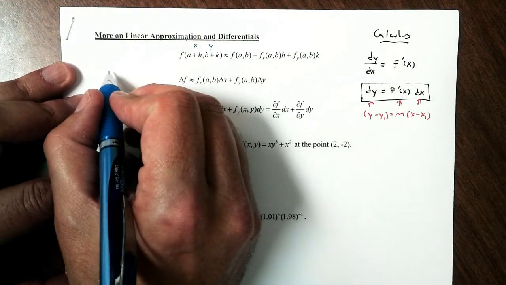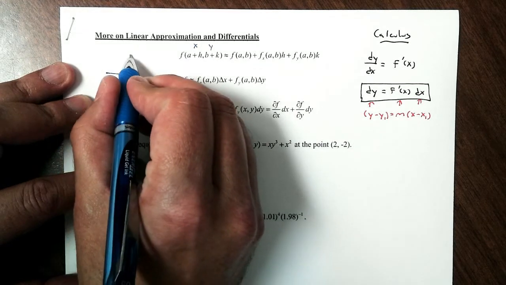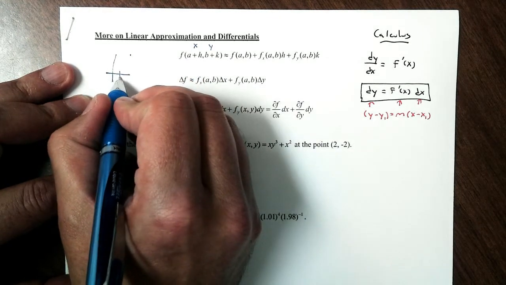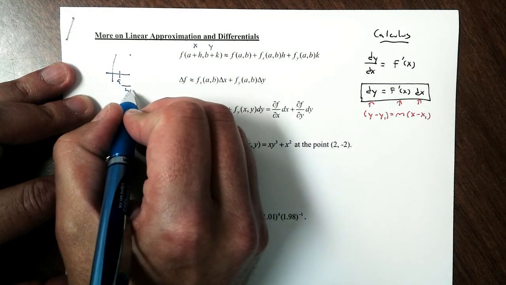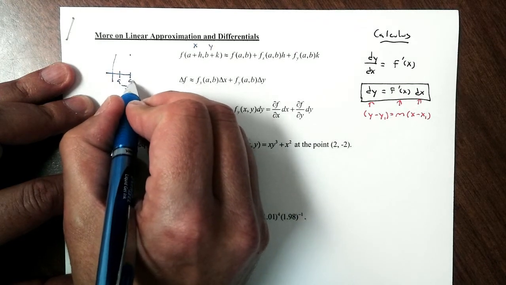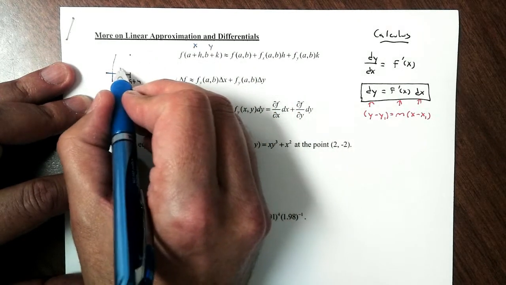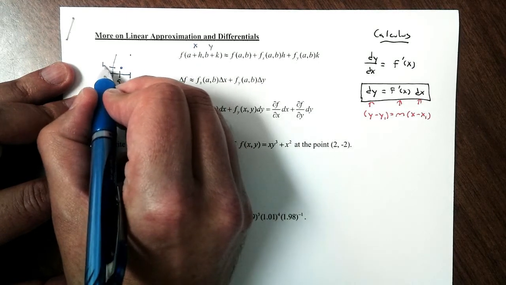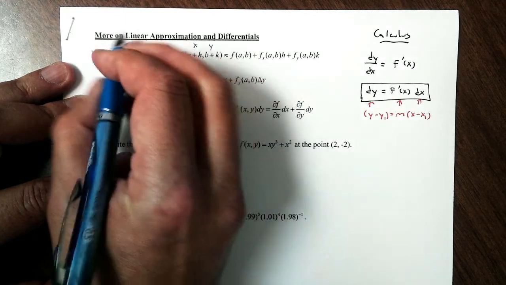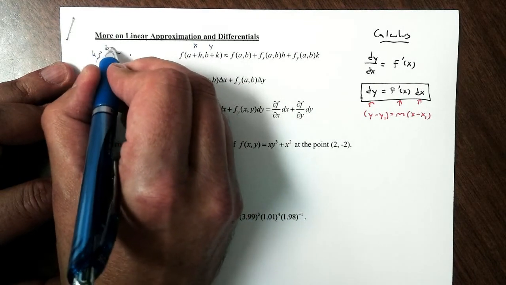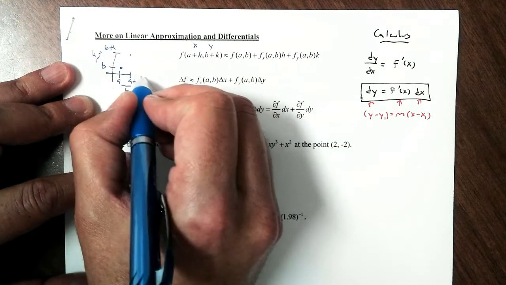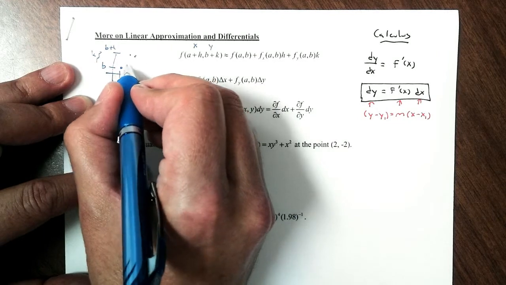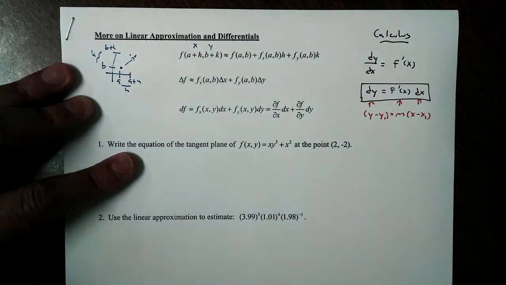So I can look at this graphically. We're starting at x equals a, moving over some distance h, so that's a plus h. For my y values, I might be starting at some point b, and moving up some value k. That's going to put us at b plus k. So we're moving from here to up here.